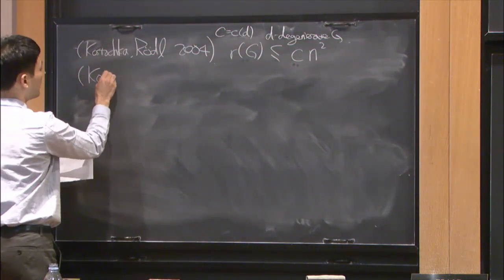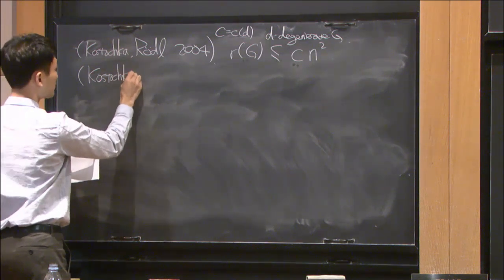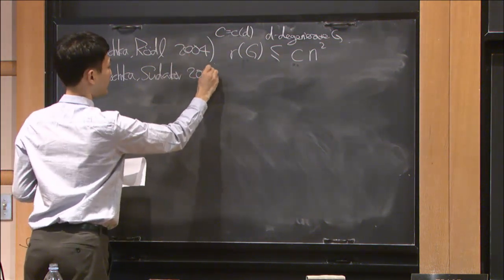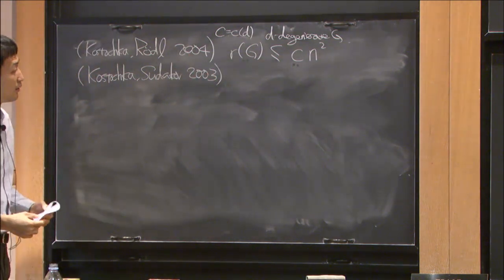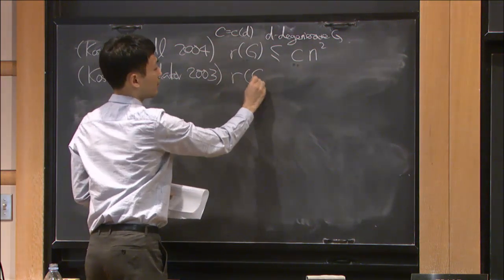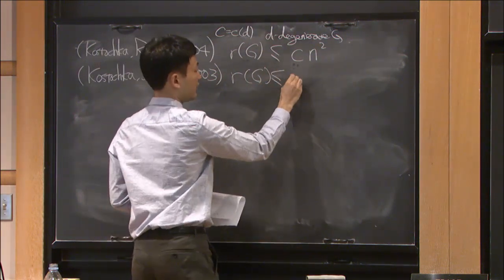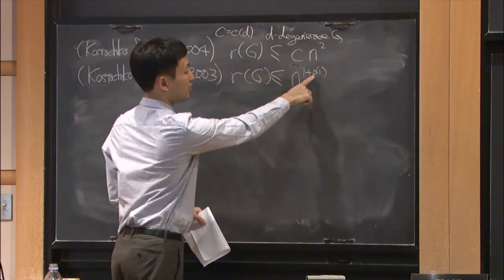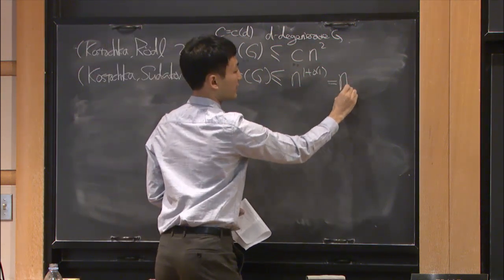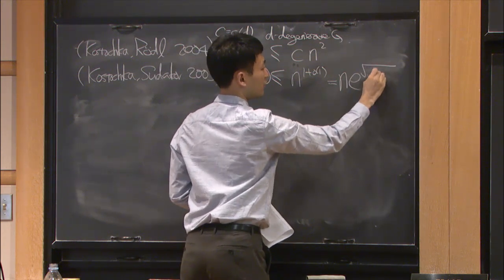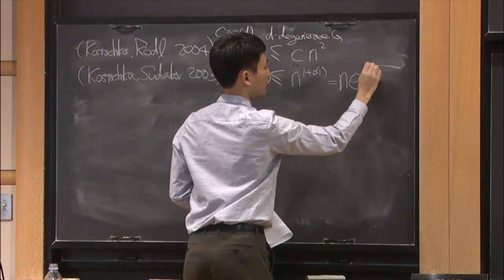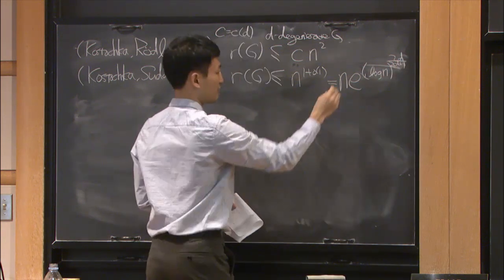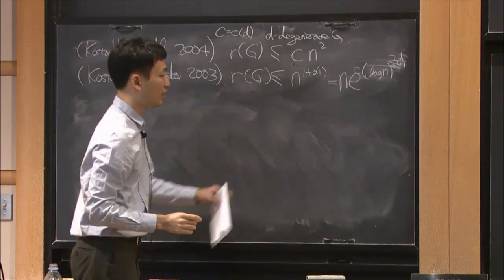The breakthrough was made by Kostochka and Sudakov. After this, in 2003, they proved that the Ramsey number is almost linear in n, n to the 1 plus little o of 1. They showed this behavior where the explicit little o of 1 here is n times e to the log n to the power 2d over 2d, with some constant, and the constant also depends on d.